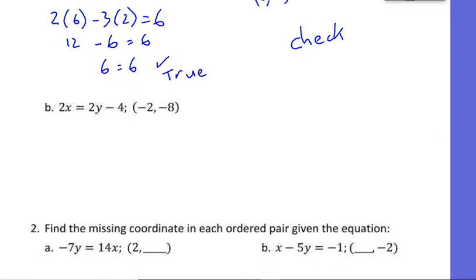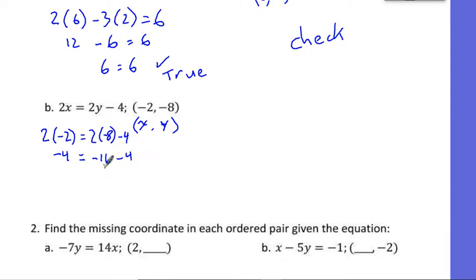Example 1b. We have an x coordinate of negative 2, a y coordinate of negative 8, which we will substitute into our equation. 2 times x, which is negative 2, equals 2 times y, which is negative 8, minus 4. 2 times negative 2, negative 4. 2 times negative 8, negative 16, minus 4.